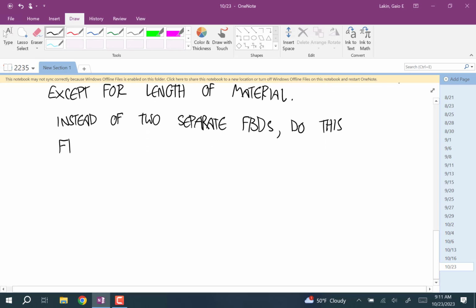We're going to draw a free body diagram where I just choose some arbitrary amount of that material in between those two lengths.